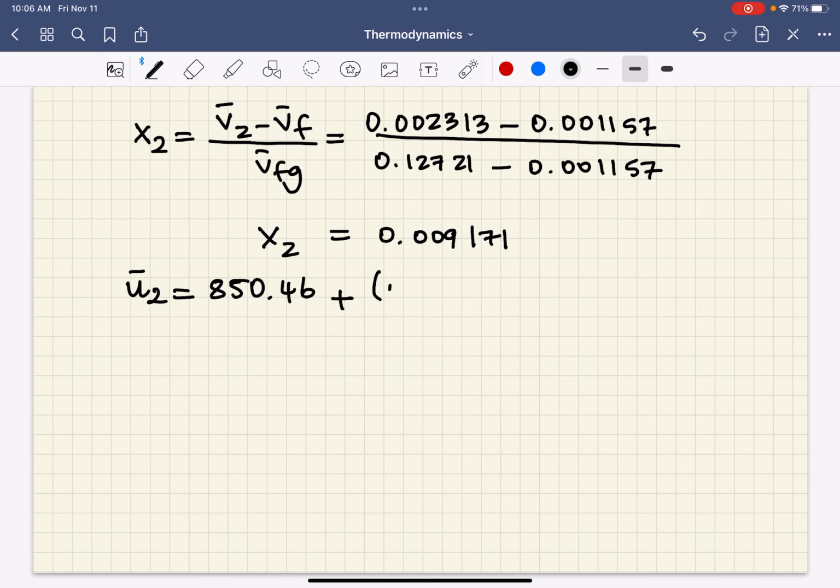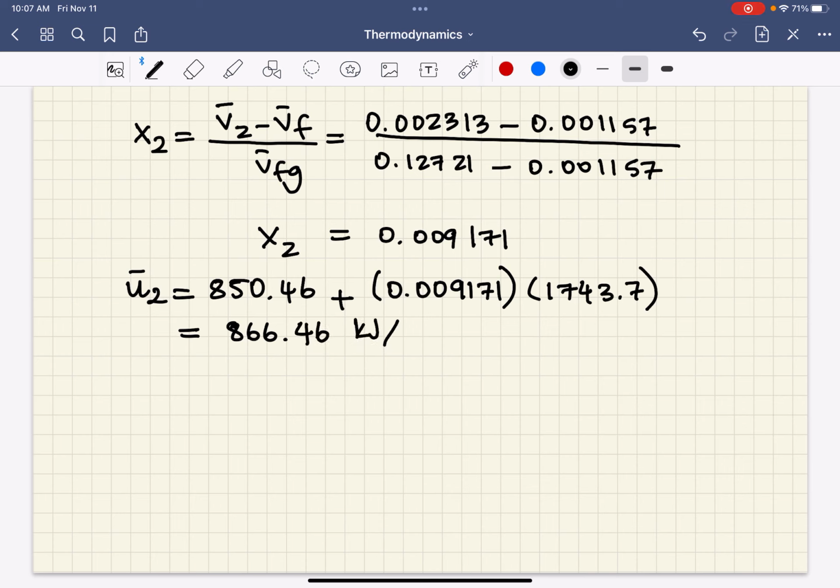And we put quality times Ufg. And we read and calculate 866.4946 kilojoule per kilogram. Okay, so we did that.